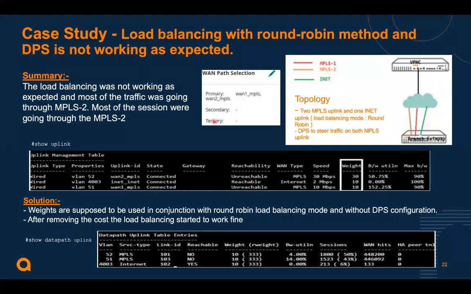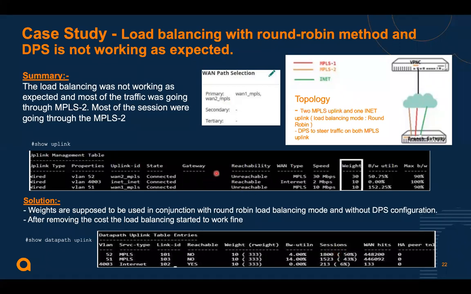When we ran show ip dps uplink earlier, we saw that MPLS 2 was taking more of the sessions. It was showing around 87%, which wasn't expected, and load balancing wasn't happening.